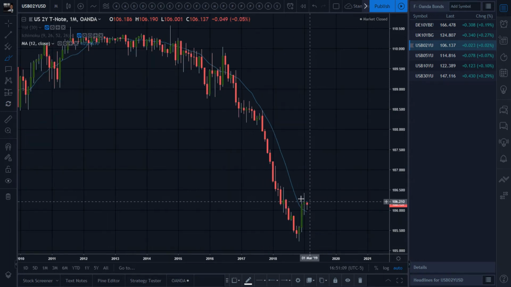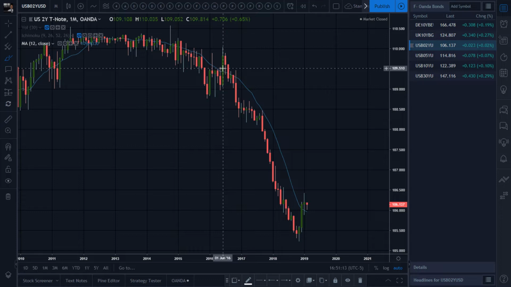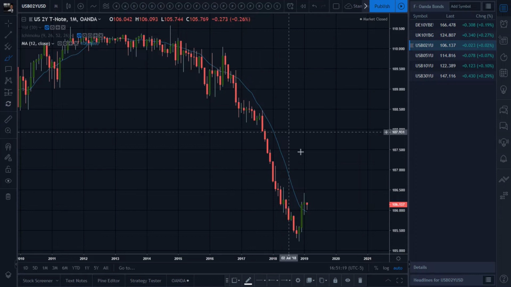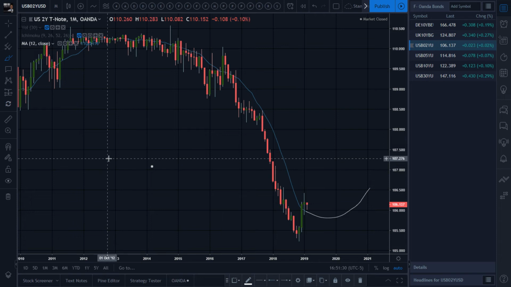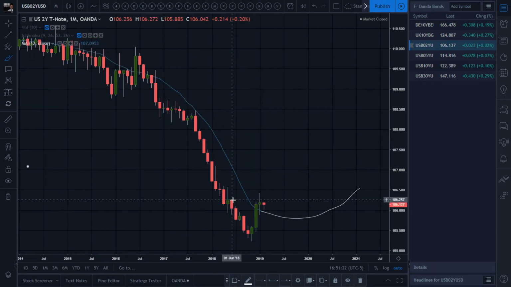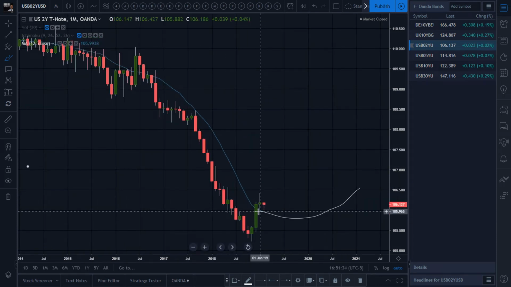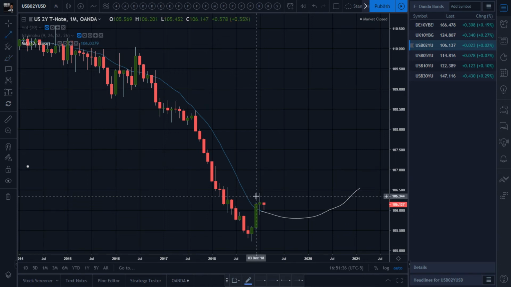And finally, after a couple of years, the last time we were above it, we had a close above it was all the way back in July of 2016, and now we're finally above it. Still declining, so you need a lot more price action above for the 12-month moving average to go back up. But you're still above the 12-month moving average, so you can't be shorting the 2-year bond anymore.